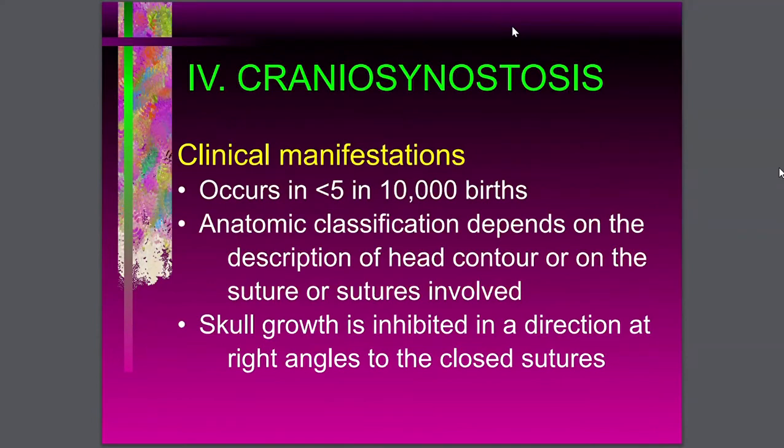So craniosynostosis occurs in less than 5 in 10,000 births, no? So the anatomic classification will depend on the description of the head contour or the shape of the head or on the suture or sutures involved, no? So you have your cranial sutures, di ba? You have your coronal sutures at the frontal bone.